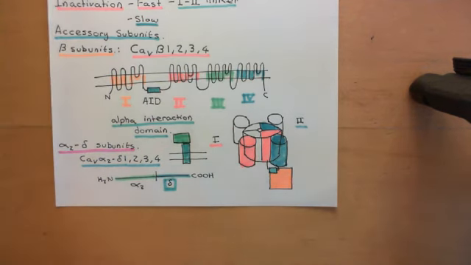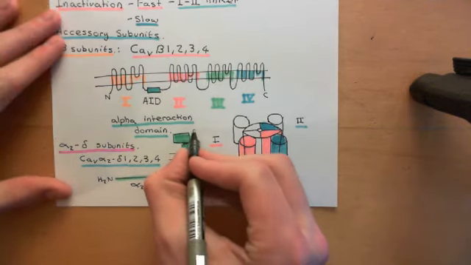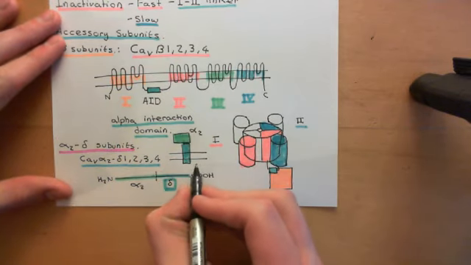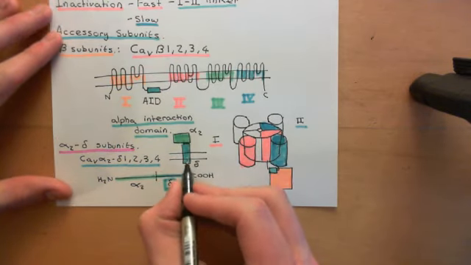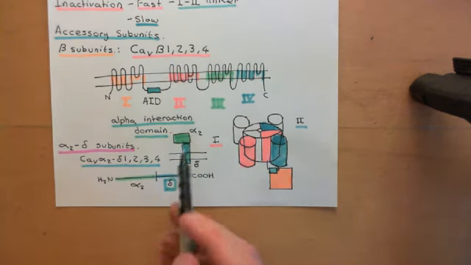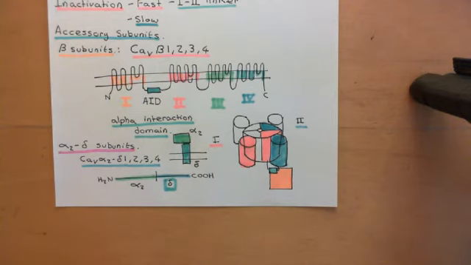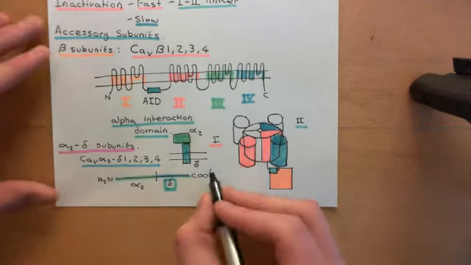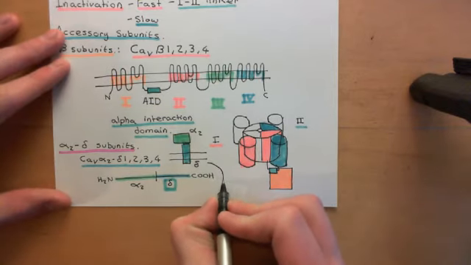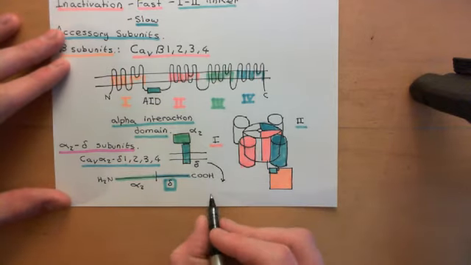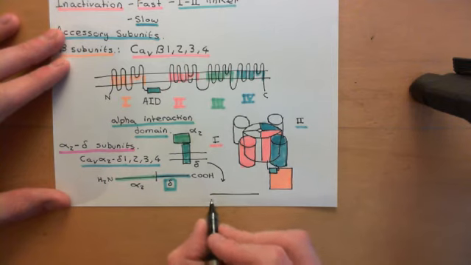Everyone used to think that this is how alpha-2 delta subunits were structured. The delta subunit was a transmembrane protein, and then on the extracellular side you had the alpha-2 subunit stuck onto it by disulfide links. However, the viewpoint is starting to shift towards a different picture, where delta isn't actually a transmembrane protein.